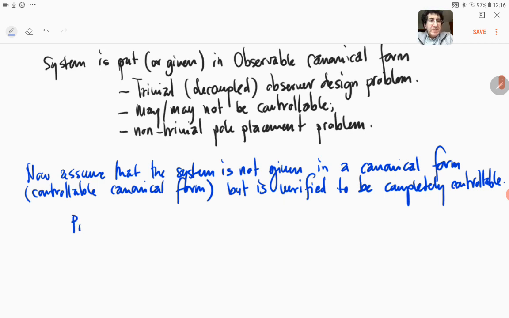So the problem is that you are given an arbitrary state space representation, but you want to design a state feedback controller for it.